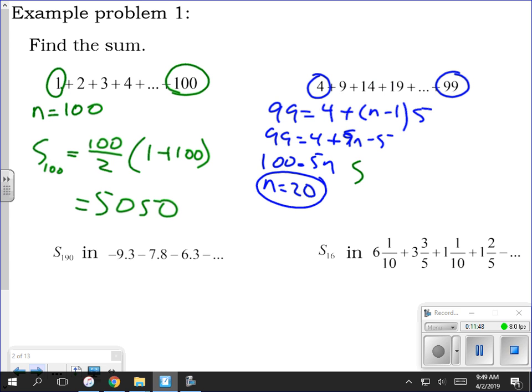So my total of the first 20 numbers, because it is the 20th term, was the last one there, equals 20 divided by 2 times 4 plus 99. First term, last term, how many there are divided by 2. So 20 divided by 2 is 10. 4 plus 99 is 103, right? 103 times 10. You shouldn't need a calculator to figure out that's 1,030.